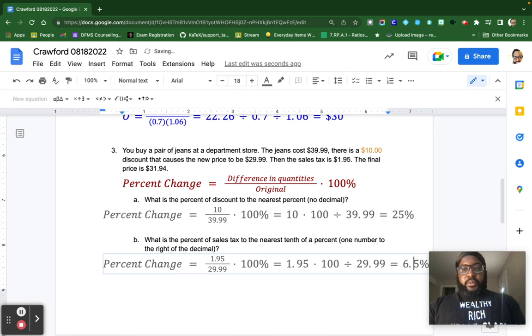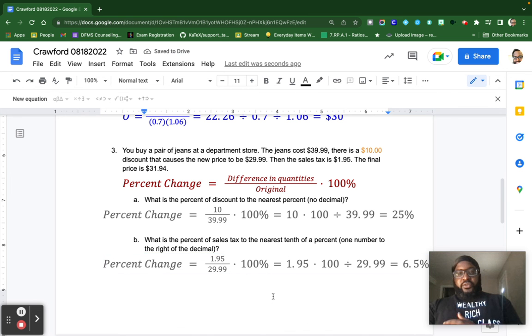When I put in my calculator 1.95 times 100 divided by 29.99, I get 6.502.